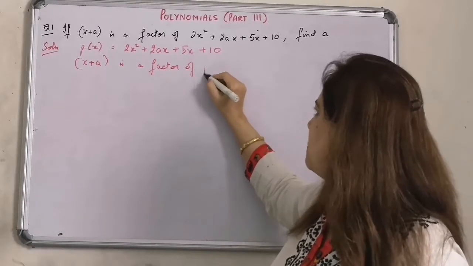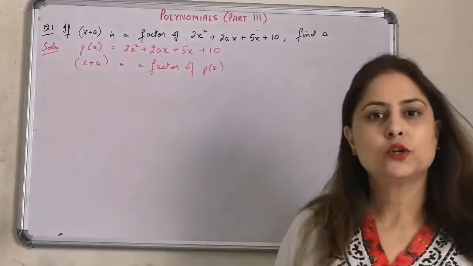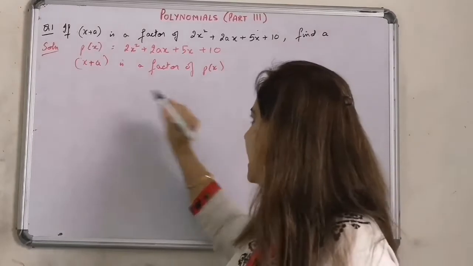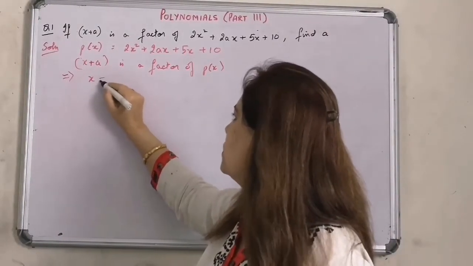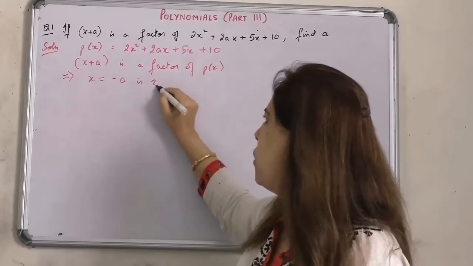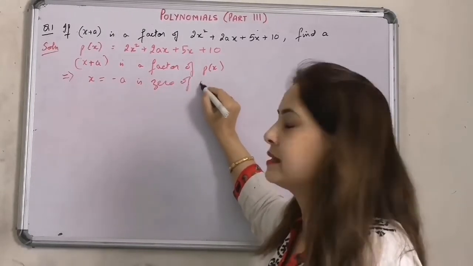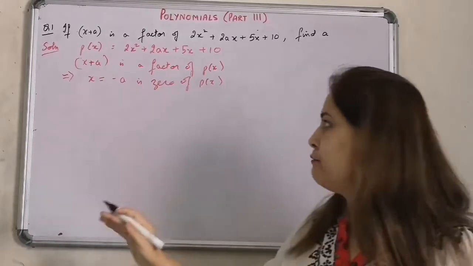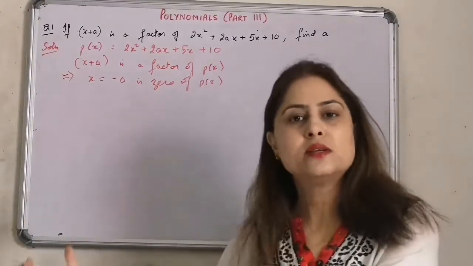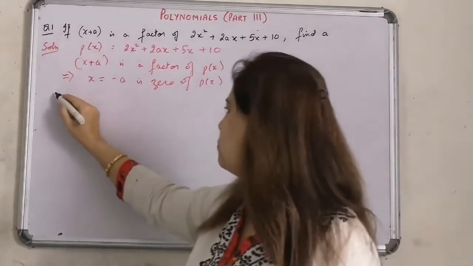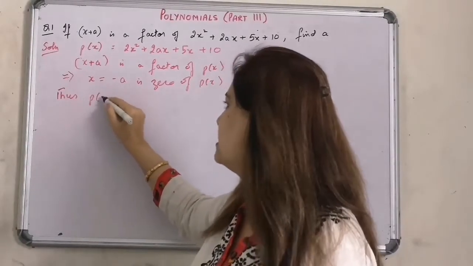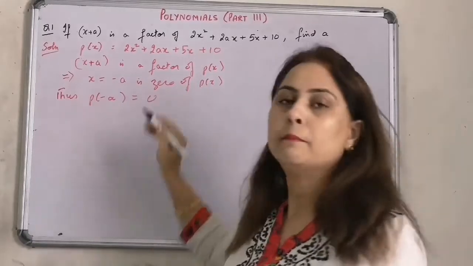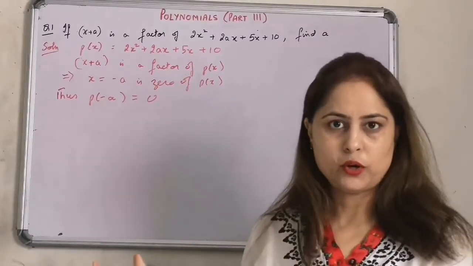So our previous knowledge of factors and zeros indicates that this implies x is equal to minus a is a zero of p(x), right? And if x equal to minus a is the zero of the polynomial, then p(minus a) should be equal to 0 by the definition of the zero of the polynomial.